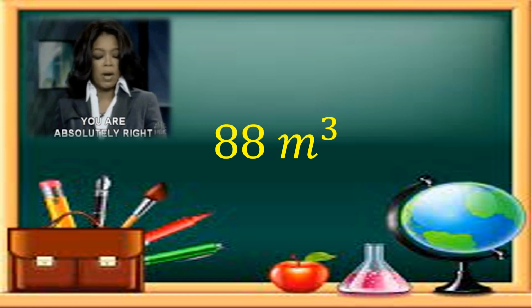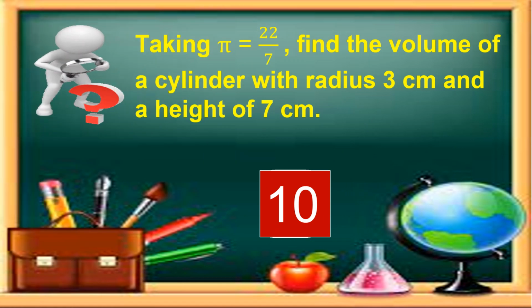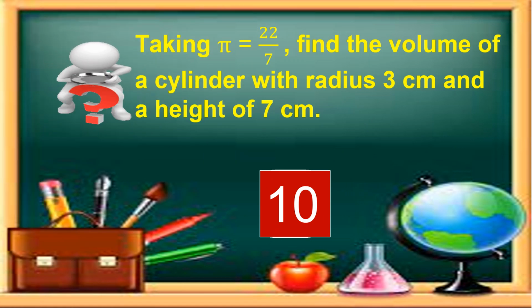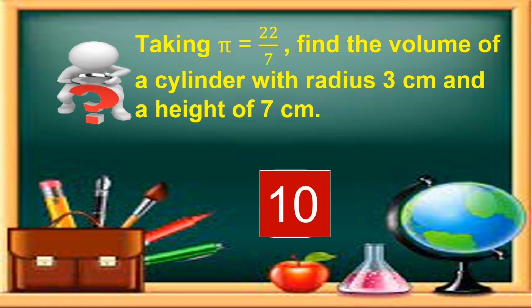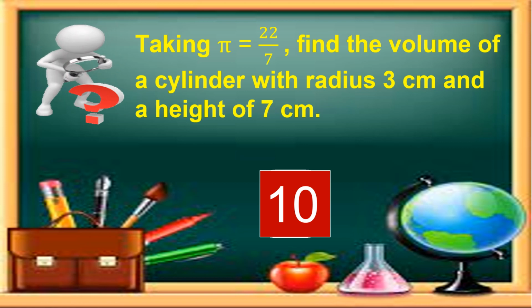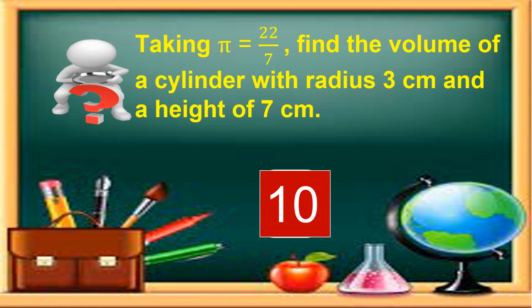Now let us have another one. Supposing you are going to find the volume of a cylinder with radius 3 centimeters and a height of 7 centimeters, and take pi, which is equal to 22 over 7. I will give you 10 seconds to answer this one.